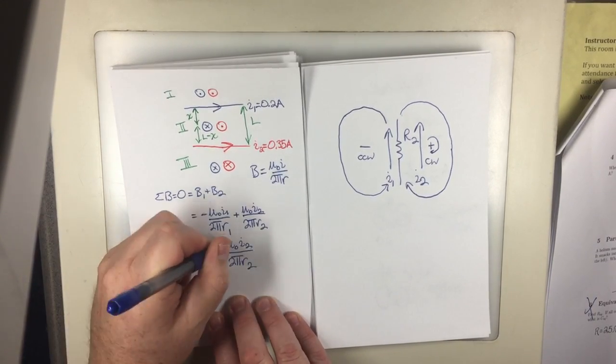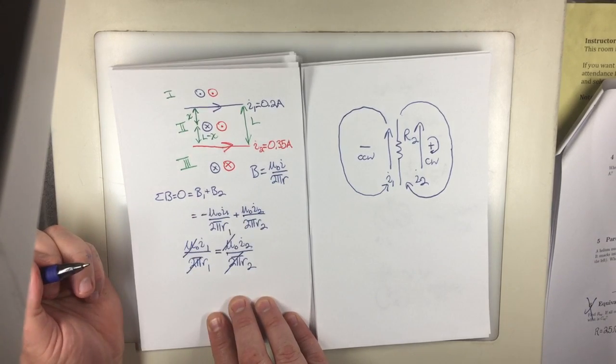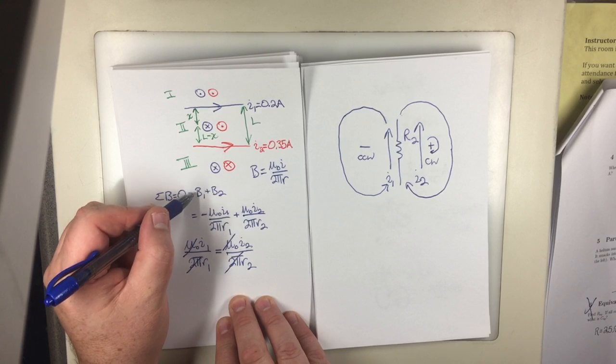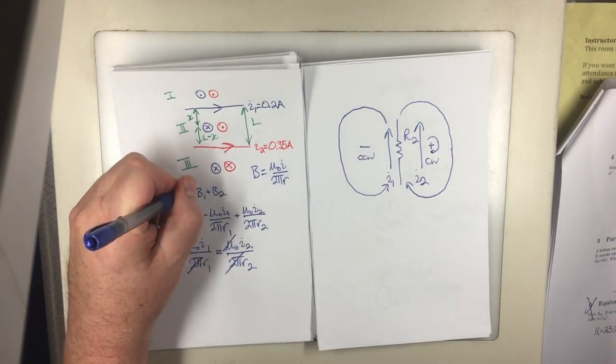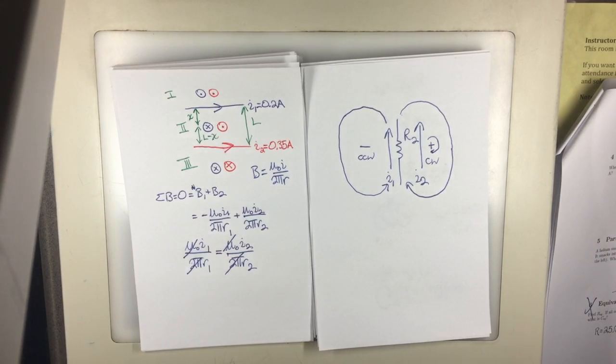Yes? How is B1 negative, or B1 plus B2 negative? Well, this is just generic B, or these are the value B1, which would be some negative number. The negative symbol hasn't popped out yet. Will it make you feel comfortable if I just do that? Either way is okay. Why is it negative? Well, it's negative because it's going into the page.